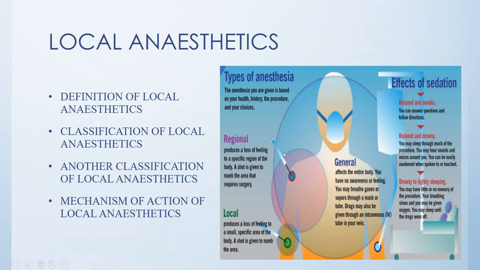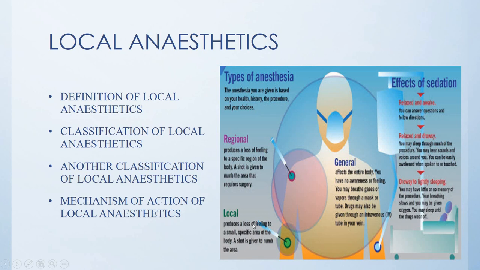Next is the regional anesthesia. It produces a loss of feeling to a specific region of the body. A shot is given to numb the area that requires surgery. And local anesthesia is producing a loss of feeling to a small specific area of the body, and a shot of injection, or you can provide topically to numb the area.